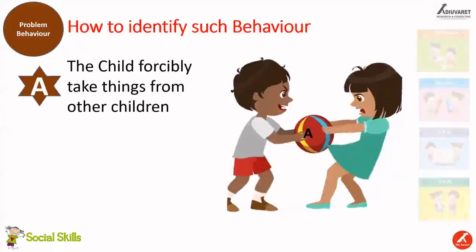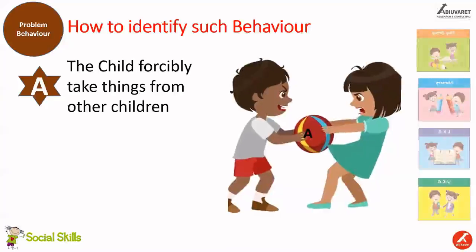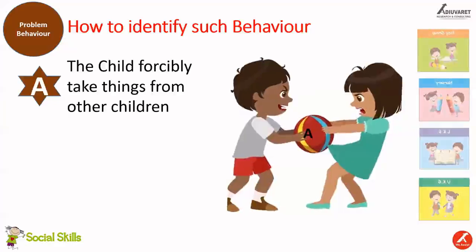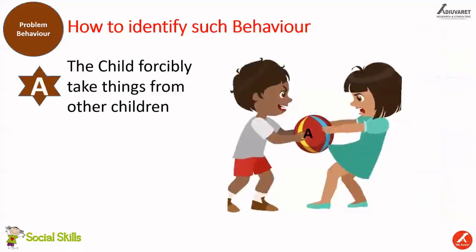But that doesn't happen. All this we are discussing here so that we understand that such behavior needs attention immediately, so that the child does not continue such behavior when the child grows up.